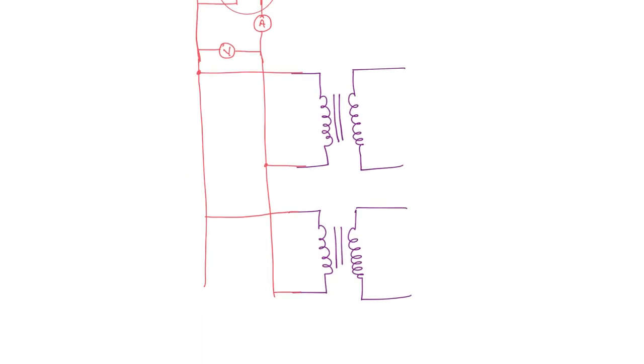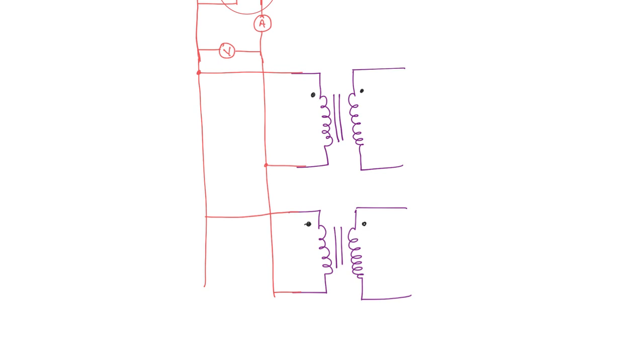Now what about the secondary side? On the secondary side you have to connect the transformers in series opposition. So this is the dot polarity. That means if the positive polarity is here on the energized side, then positive polarity will be induced here. Similarly, if this is positive, here positive will be induced.